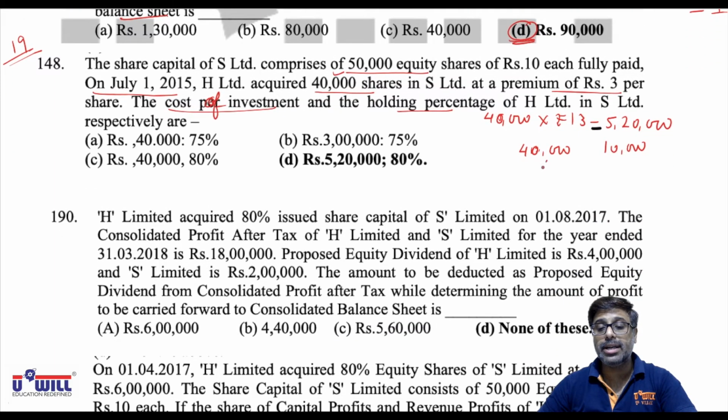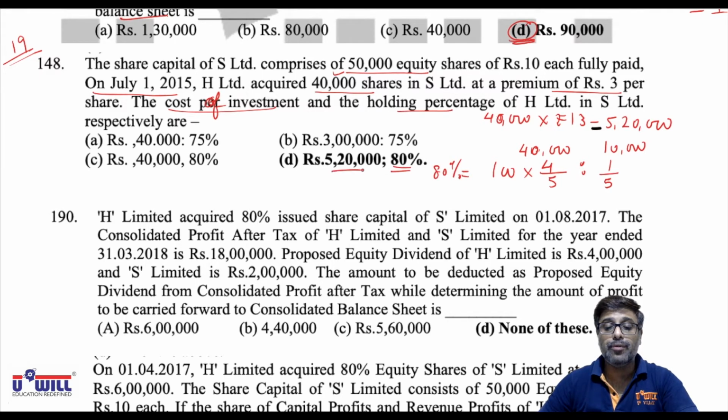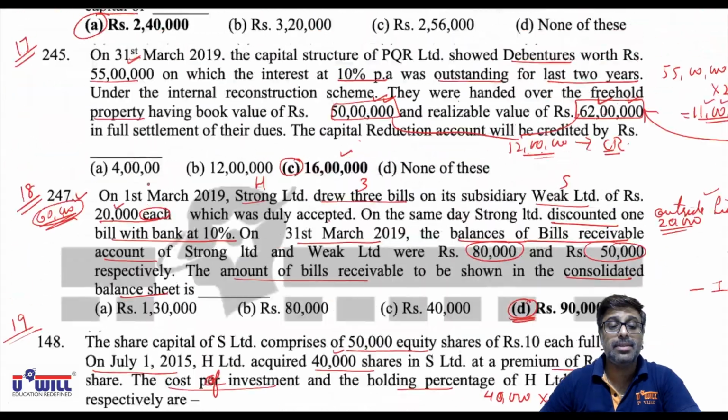So 40,000 and 10,000, 4:1. If you cancel all the zeros, 4:1, 4 by 5, 1 by 5 is the minority ratio, holding and minority ratio. If you multiply with 100, you'll get it in percentage. So 4 by 5 into 100, 80% is the ratio of degree of control. So 5,20,000 investment and 80% holding company's ratio. D option is our answer.